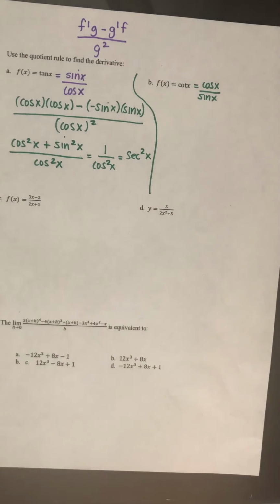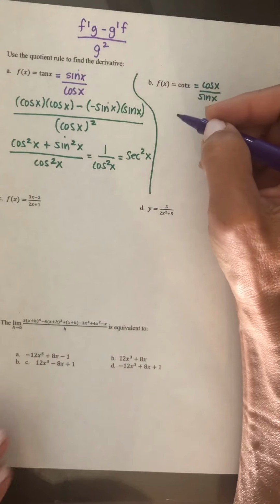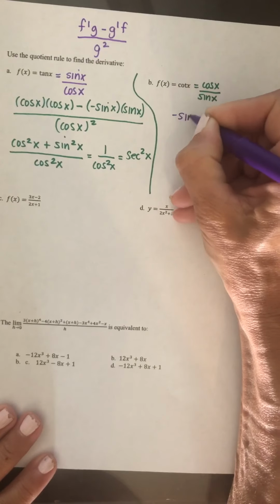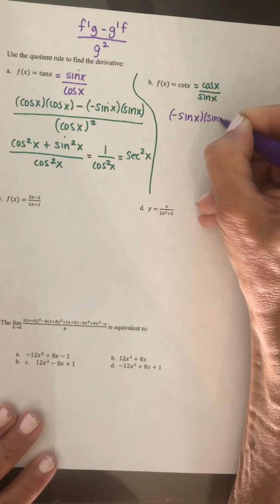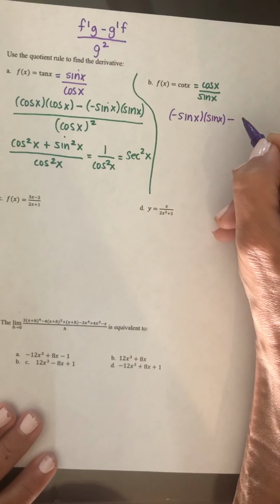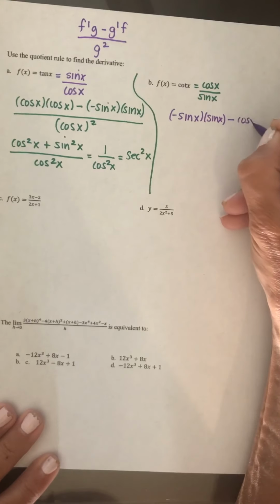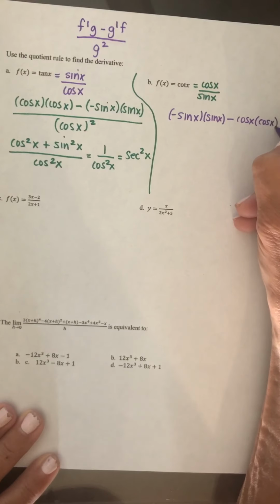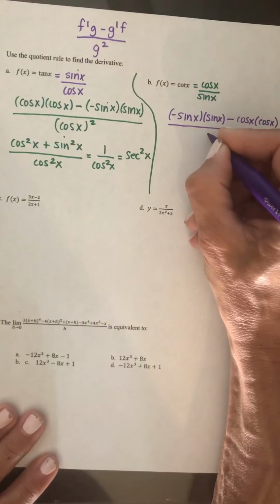All right, you ready? All right, derivative of the first times the second. So derivative of the first, derivative of cos is negative sine, times your second, minus the derivative of the second, which is just cos, times cos, all over the bottom one squared.